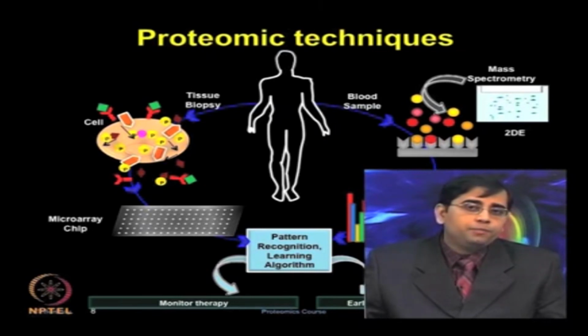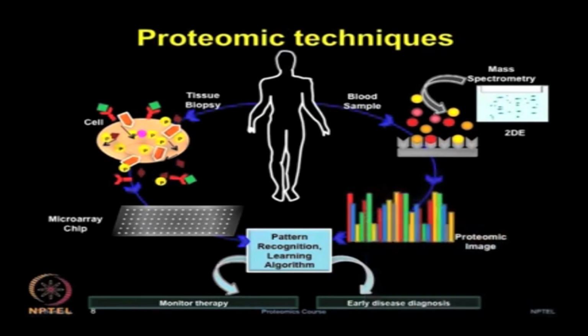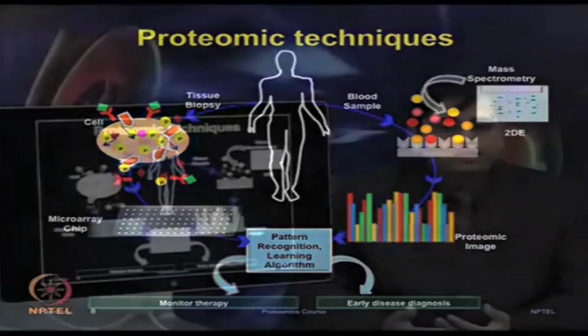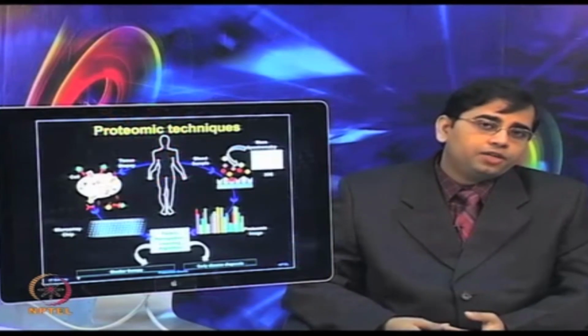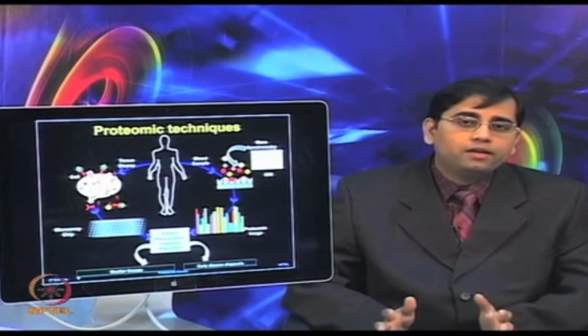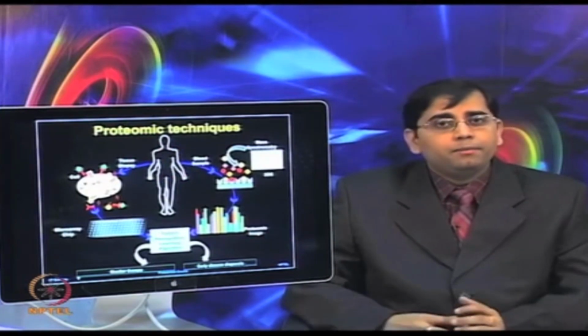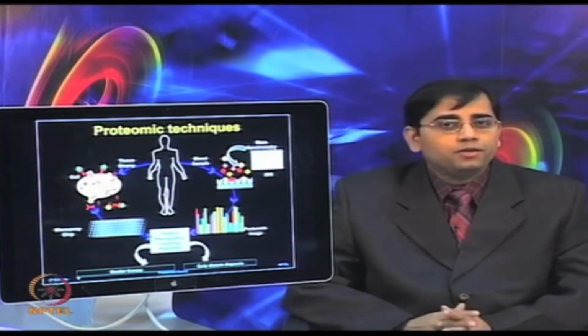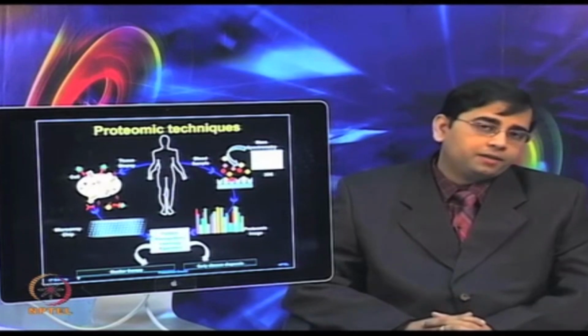Eventually, these types of results will enhance knowledge for monitoring the therapy response as well as identification of early disease diagnosis. This is just one example. Similarly, multiple types of proteomic technologies can be used for different applications.